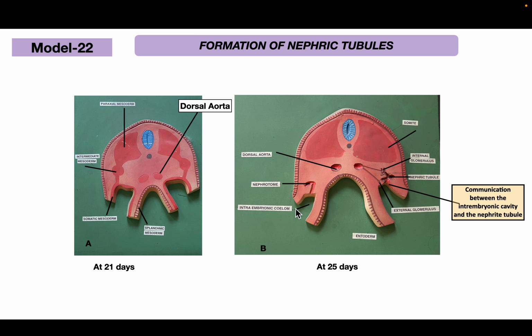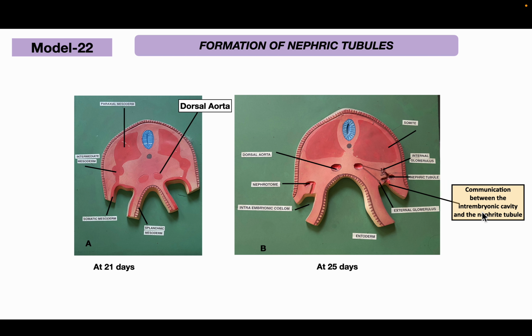Coming to the next model, that is the formation of the nephric tubule. In this, the basic structures shown are paraxial mesoderm, intermediate mesoderm and somatic mesoderm and splanchnic mesoderm, or you can say the lateral plate mesoderm. Then the structures arising from this, that is internal glomerulus, external glomerulus and nephric tubules, are formed.